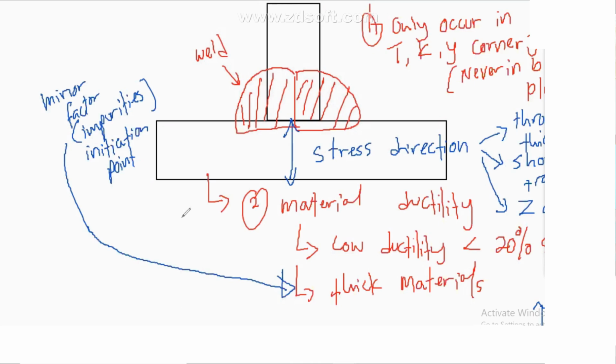So we have initiation points like voids, like impurities in the material.